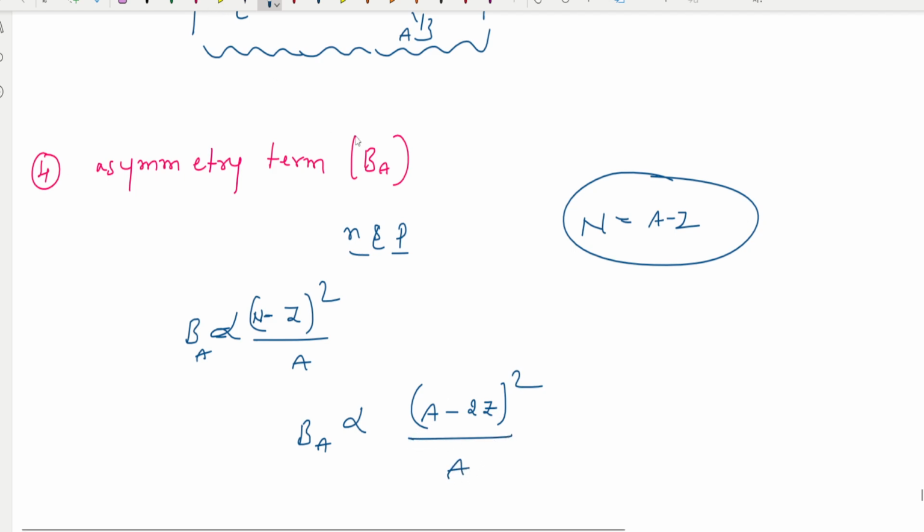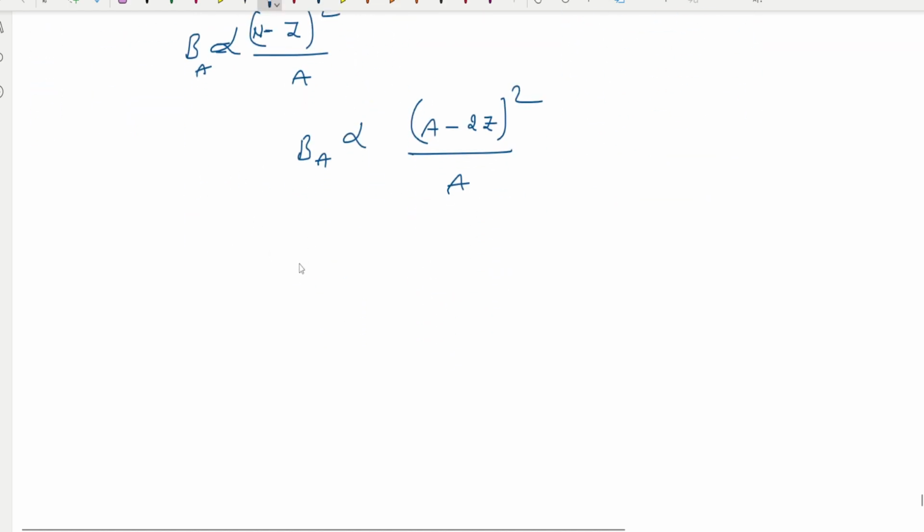So this proportionality constant, I'm going to use here as the asymmetric constant, minus a suffix A, A minus 2Z divided by A, and this one is whole square.